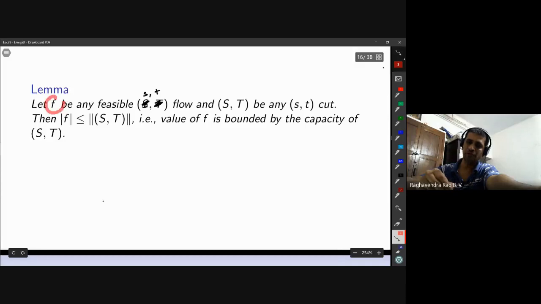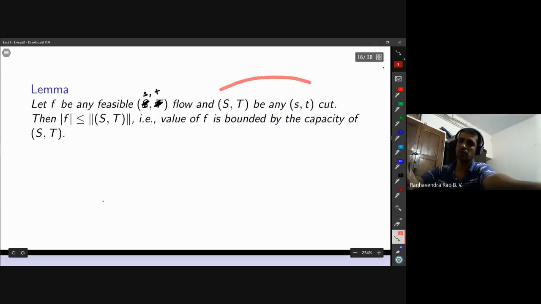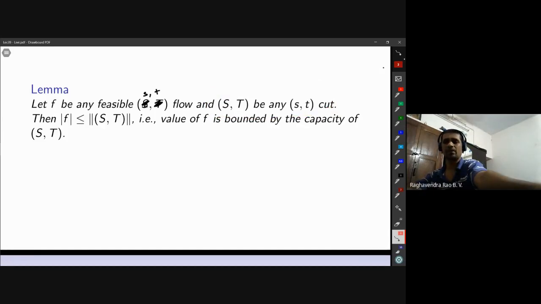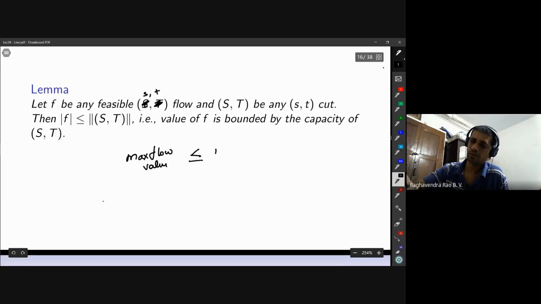We can choose F to be the maximum value flow, and even then this statement holds for any cut. Then I can choose the cut to be the minimum weight cut, or minimum capacity cut. So this effectively says max flow value is less than or equal to the minimum weight of a cut.